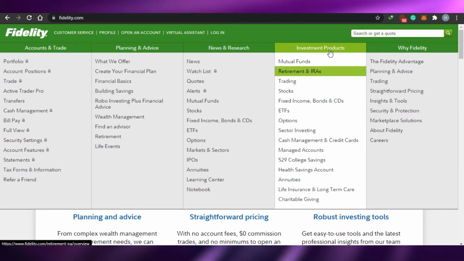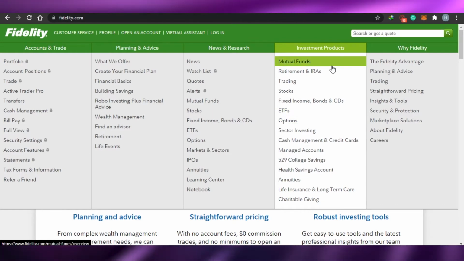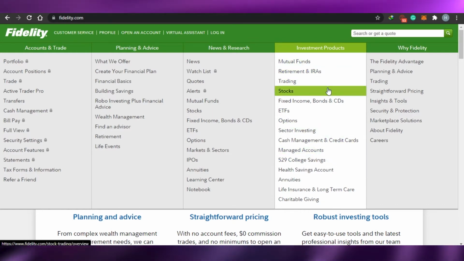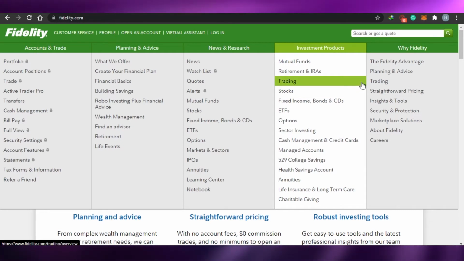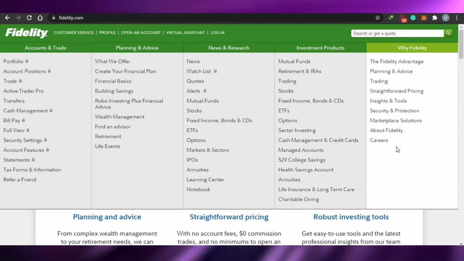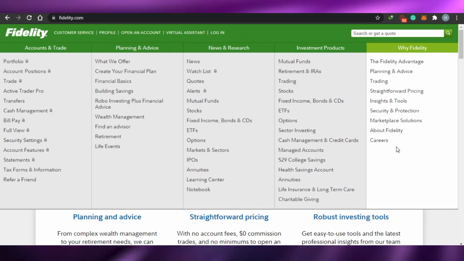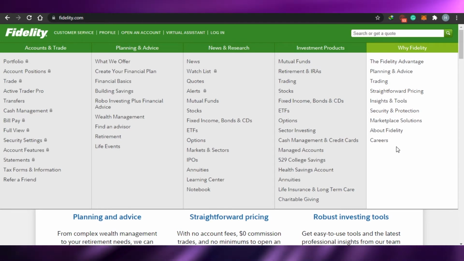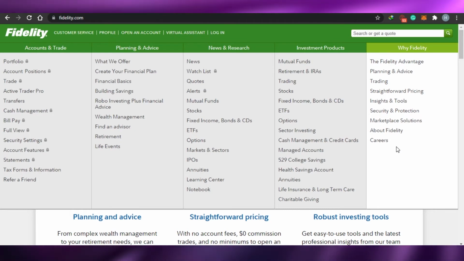So when it comes to investment products, there are a lot of them on Fidelity. It's pretty amazing. Most of these investing apps and software will not have this many options that Fidelity is providing. So that's why I think the $0.65 commission fee per contract is not that much when you're getting so much out of it.